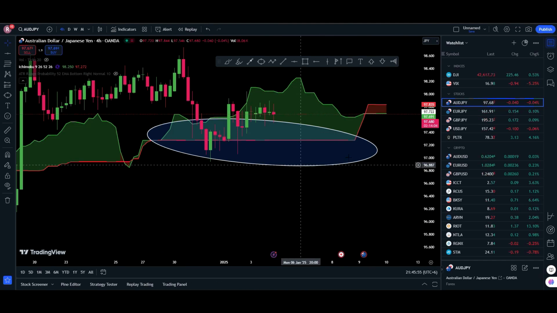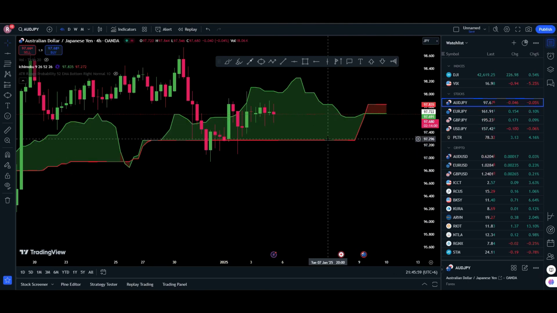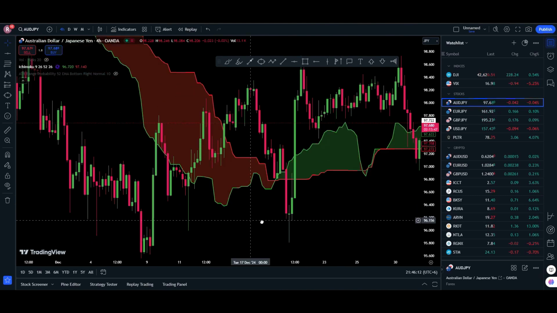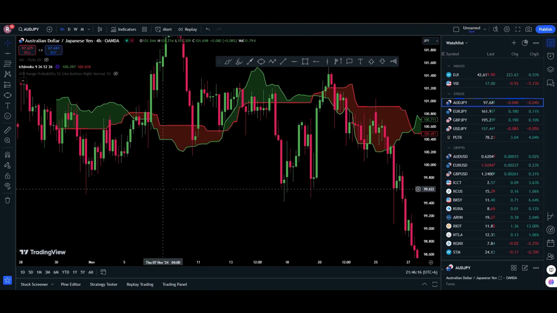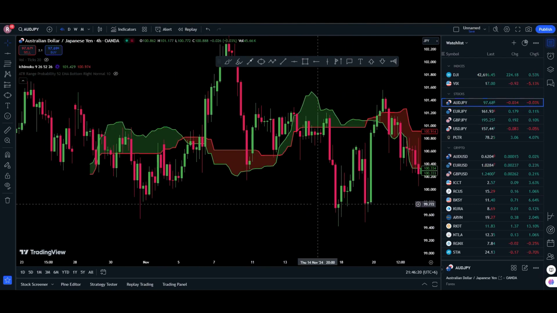So this is one thing. Each of these lines, the red line and this green line, works as support and resistance considering the price action. If we move a little bit backward, we can see how the green line works as support and resistance.